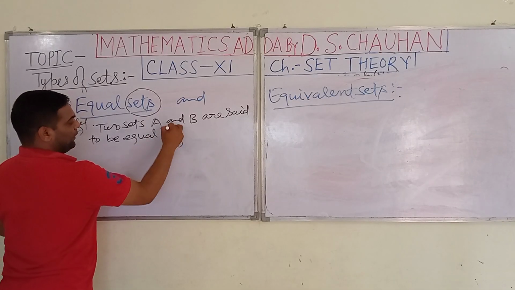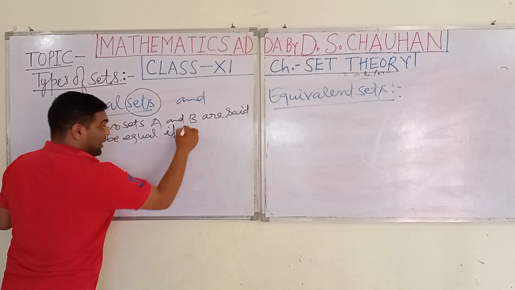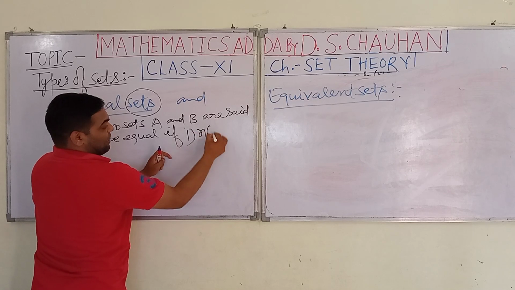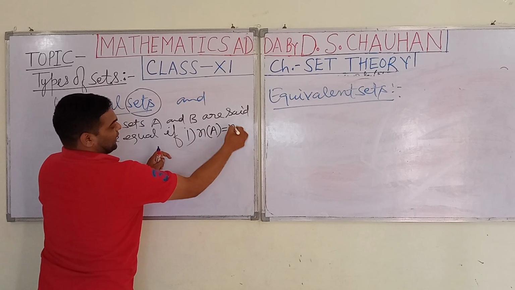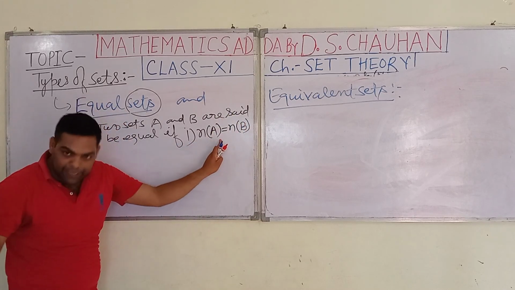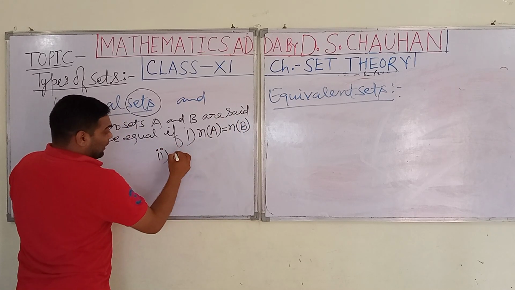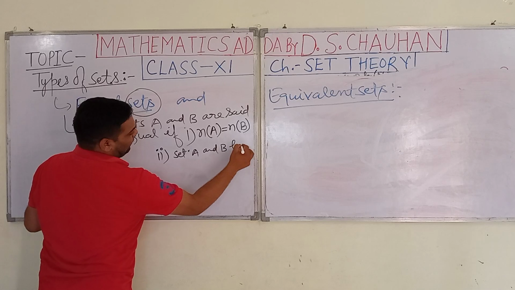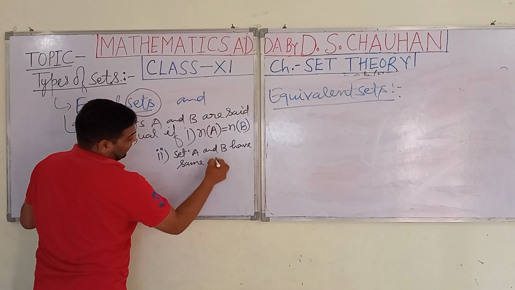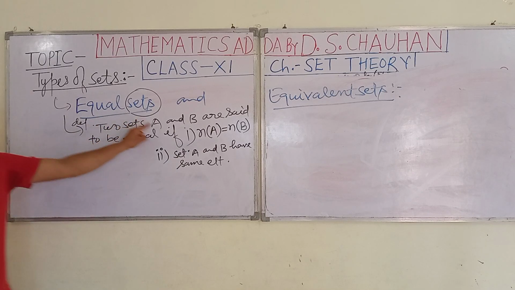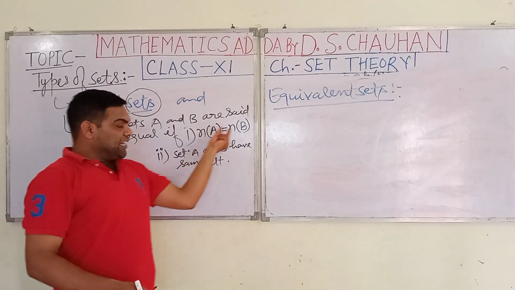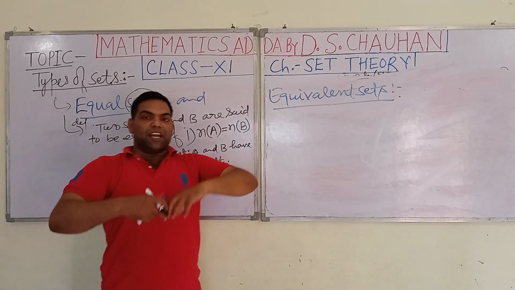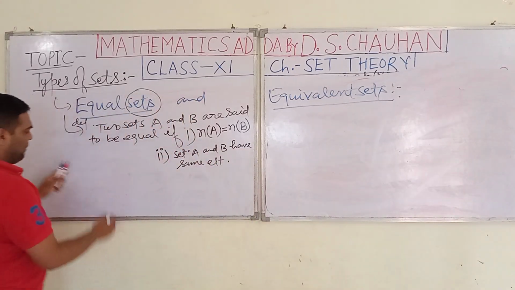So students, here is the definition: two sets A and B are said to be equal if, number one, they have the same cardinality, that is, the number of elements in set A is equal to the number of elements in set B, and second, both sets A and B have the same elements.